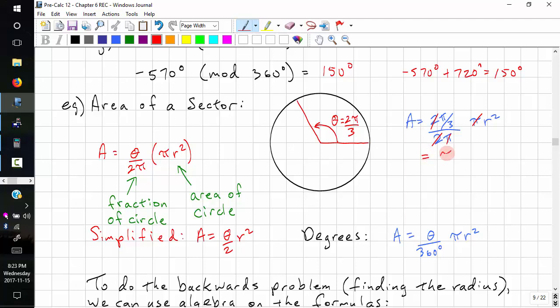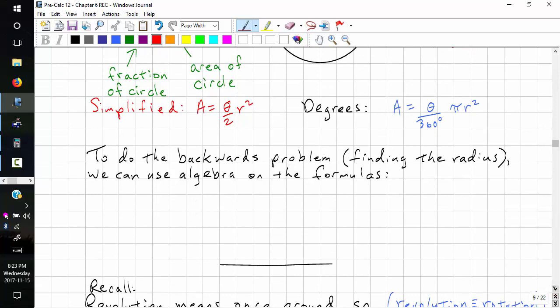So we have pi r squared over 3. So we weren't given the radius, so we just leave the radius as r. If we had the radius, we could just plug it in, and then we would be expected to add the units. And it should be units squared because it's area.